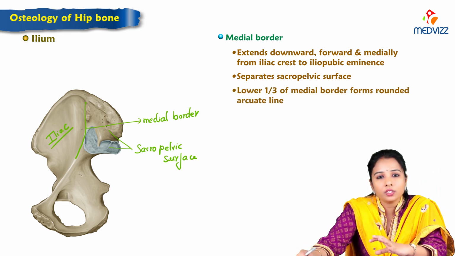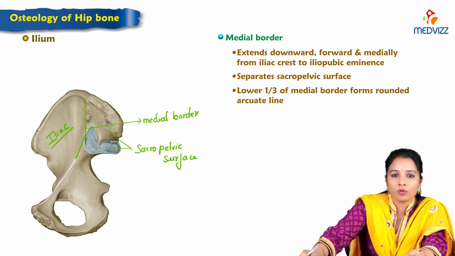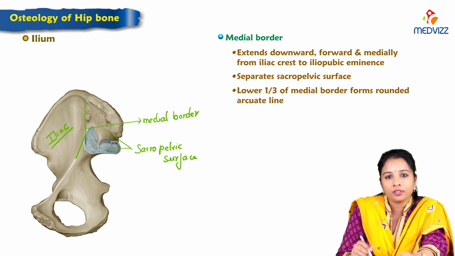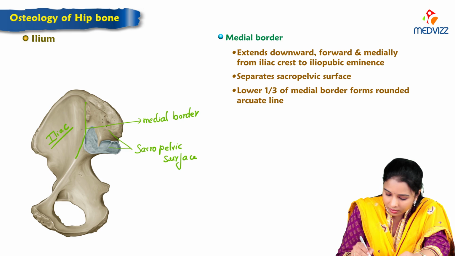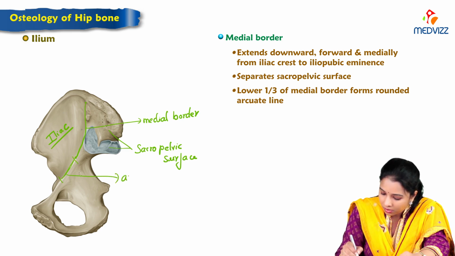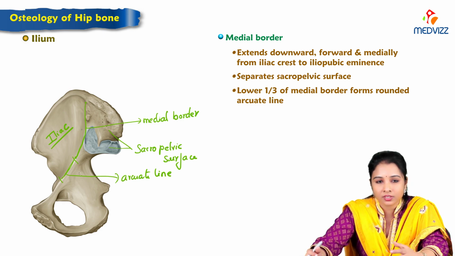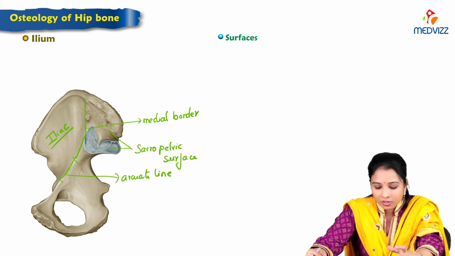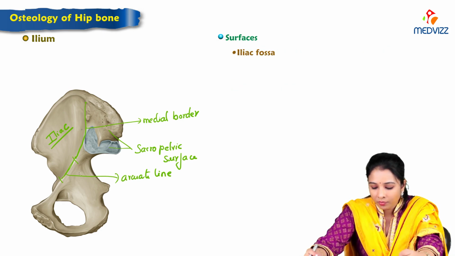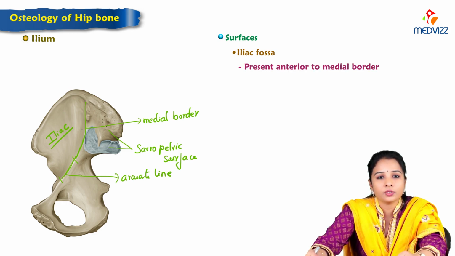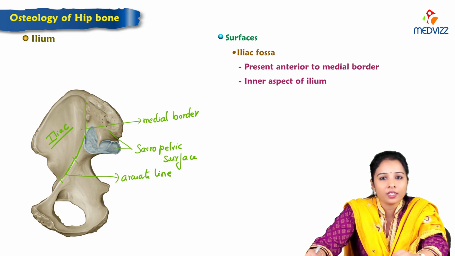In the lower 1/3 of the medial border, it forms a rounded arcuate line. So the lower 1/3, this part from here to here, is called the arcuate line, which forms a boundary of the lesser pelvis inside. Talking about the surfaces, first is the iliac fossa, which is present anterior to the medial border on the inner aspect.